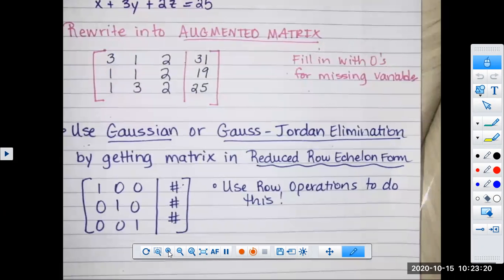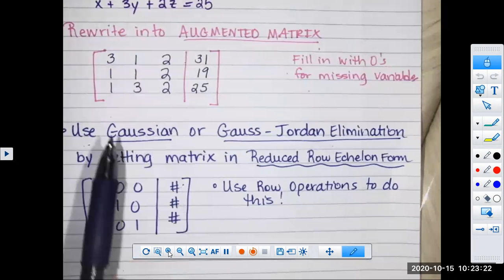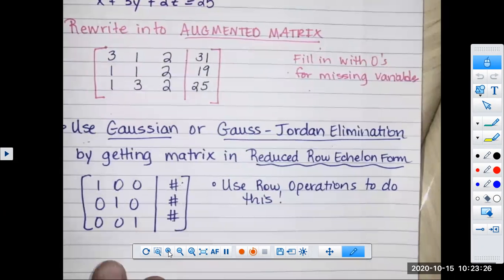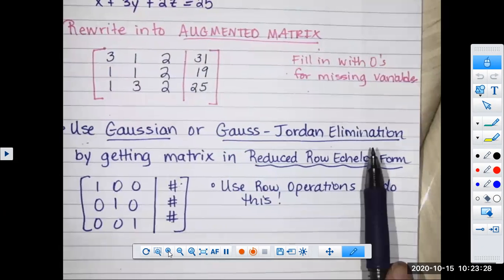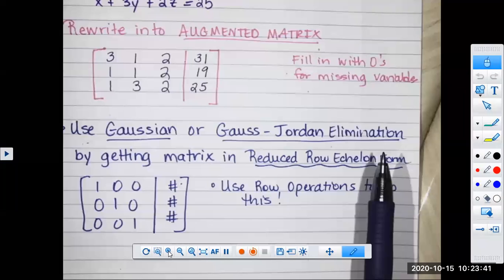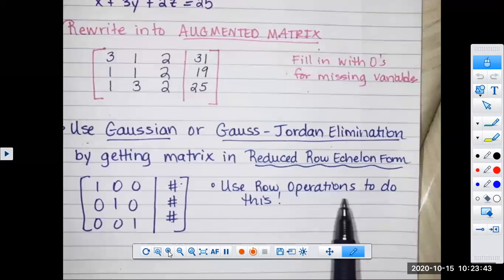To get all of these numbers to transform to ones and zeros, we use what's called Gaussian elimination, or you may also hear it as Gauss-Jordan elimination. Using Gauss-Jordan elimination, you use what's called row operations, where we can add and subtract rows to one another.